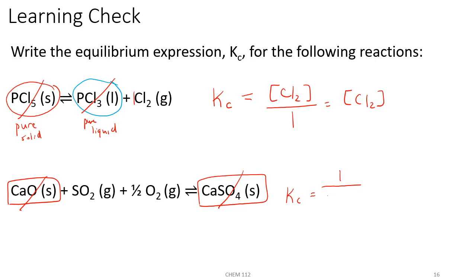And for our reactants, we have SO2 gas, that'll be raised to the first power, and O2 gas, that'll be raised to the 1/2 power, because we have a 1/2 in our balanced equation. So sometimes you can have nothing in the numerator, or sometimes you can have nothing in the denominator, especially when you're dealing with heterogeneous equilibria, where you might have some pure solids or pure liquids in the reaction.